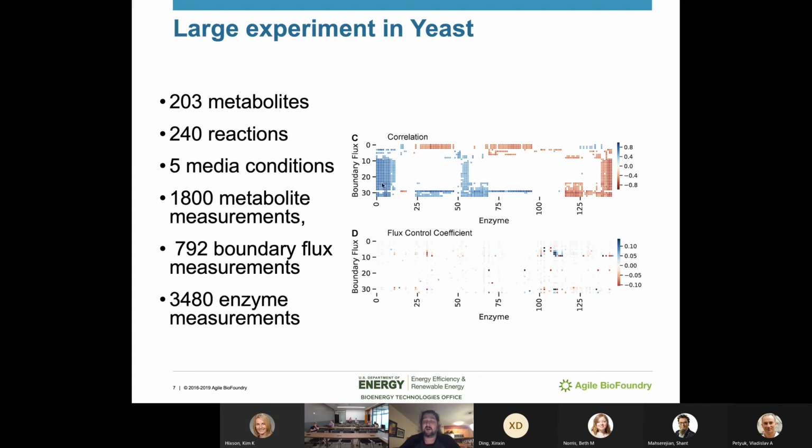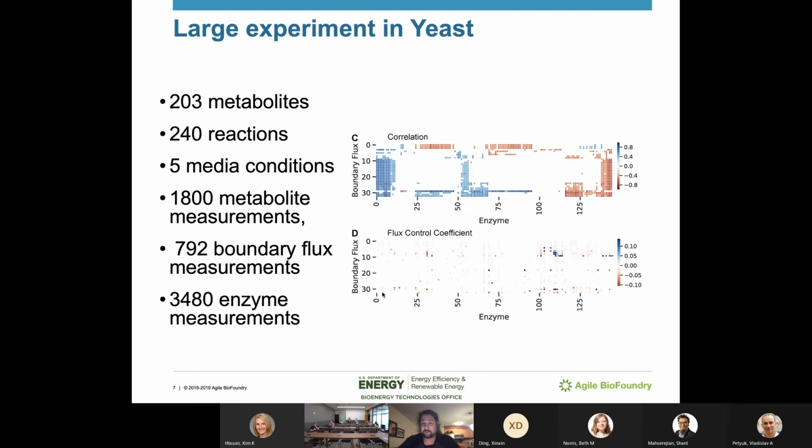There are lots of positive correlations. There are lots of negative correlations, and it's really hard to figure out which is the right target to try. You have so many different enzymes to try. Whereas when you calculate these flux control coefficients, it gets rid of these spurious correlations, and what you're left with are much more likely to be causal.